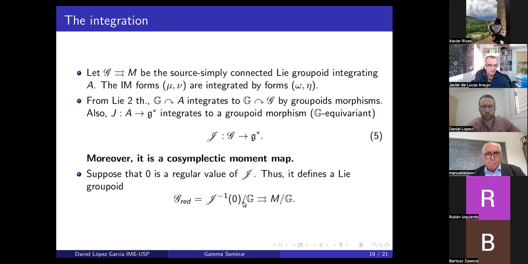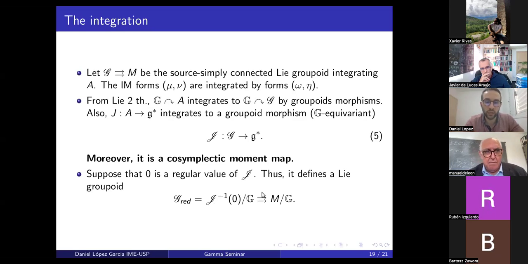And this is important: if you start here with a free and proper action, there is a work of Fernandes and Ratiu that says that when you integrate this action to an action of this Lie group on the Lie groupoid, this action will also be free and proper.